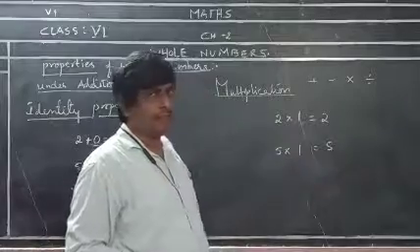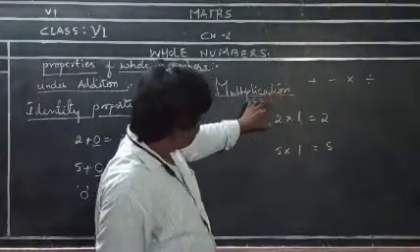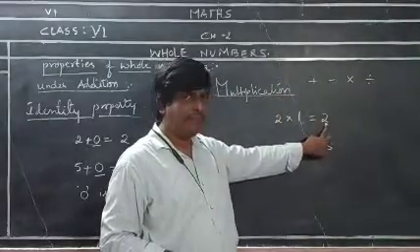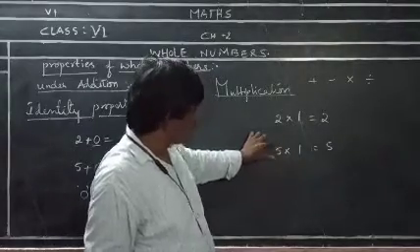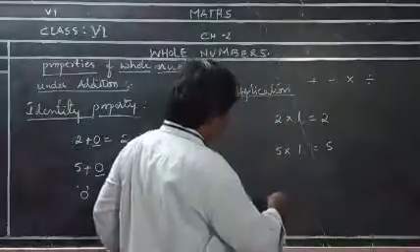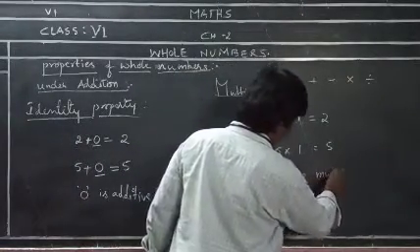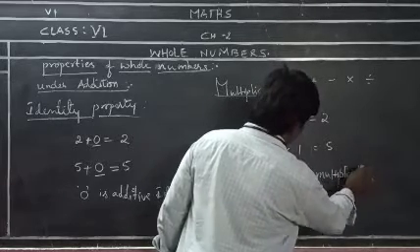If I multiply by 1 to the given number, I will get the same number as a product. So therefore, here 1 is the multiplicative identity. Multiplicative identity.